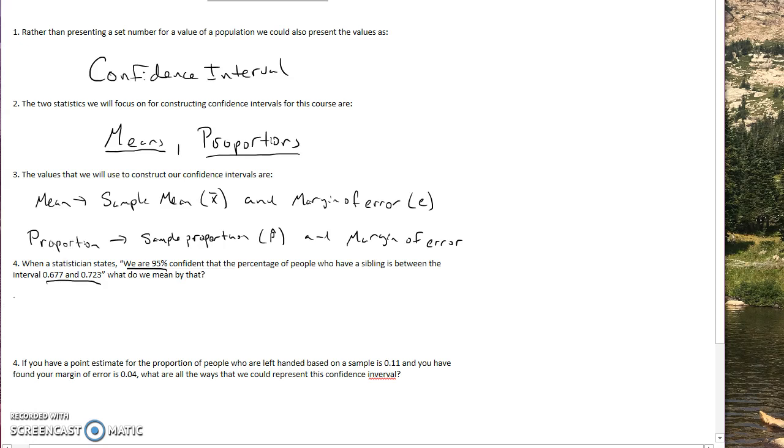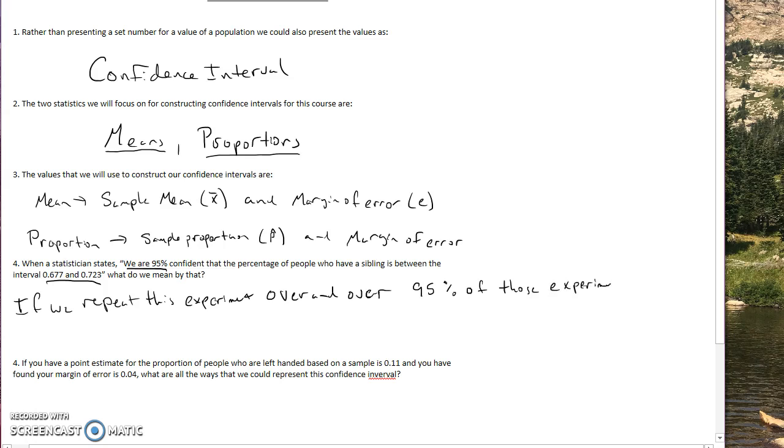It's kind of a mouthful, but basically what we're saying is, if we repeat this experiment again and again, 95% of the time, our confidence interval will contain the true value.